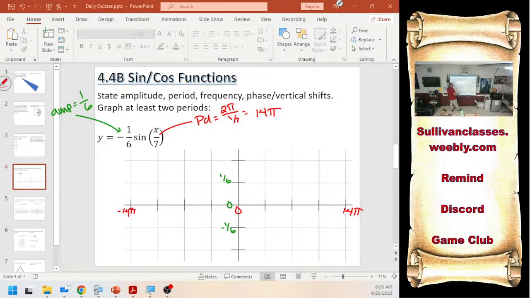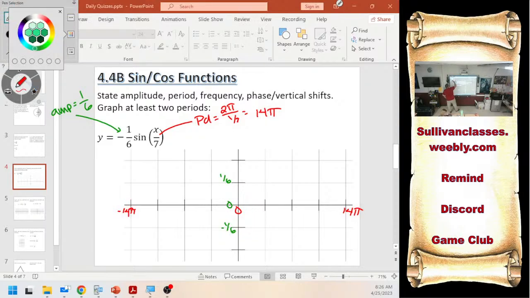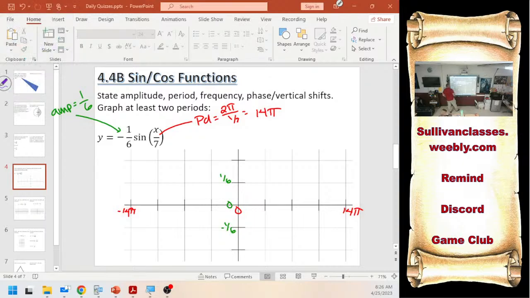There we go. And though it is never mentioned in any textbook, the relevant features of a sine and cosine graph are going to happen at 1/4 of the period. So I'm going to take that times 1/4 and get 7 pi over 2 increments for my x-axis, or my horizontal axis.